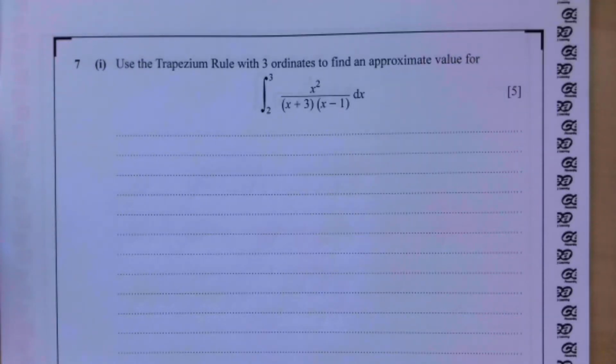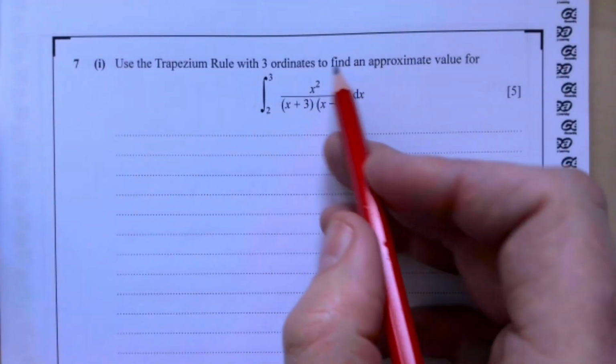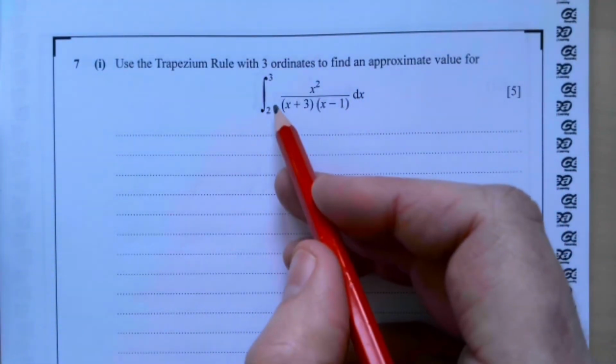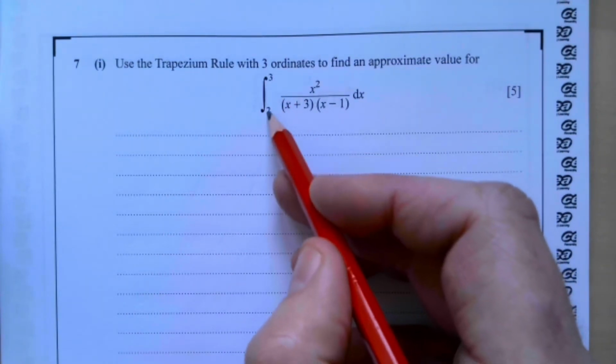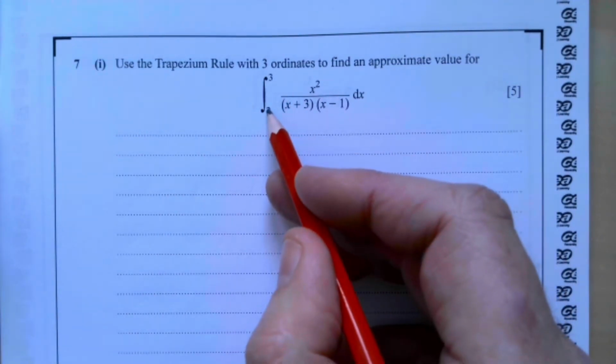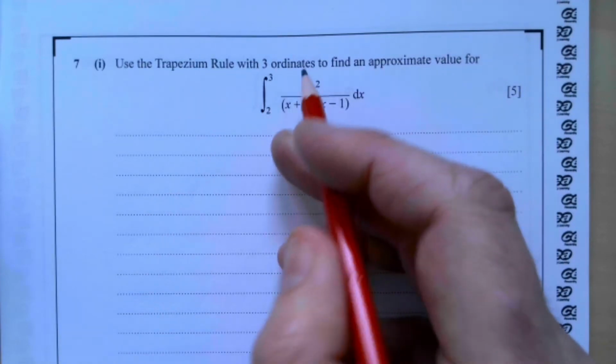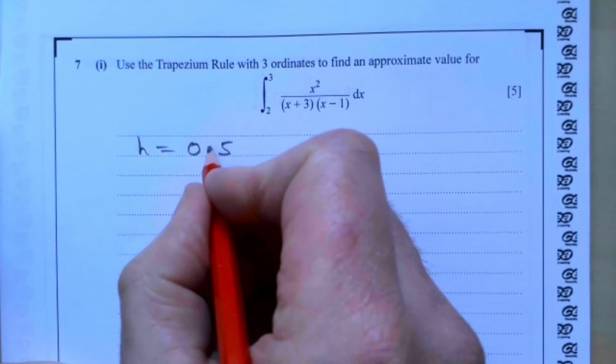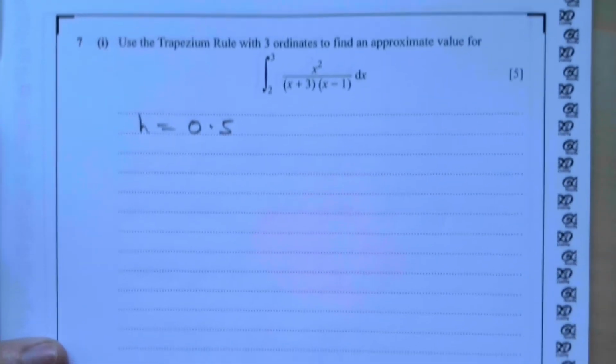Question 7 then, use a trapezium rule with 3 ordinates to find an approximate value for this. So 3 ordinates means 2 strips, so we need to split this in 2, so it's simply going to be 2, 2.5 and 3, and so our h in this case is nice and straightforward. It's going to be 0.5, hopefully that makes sense.